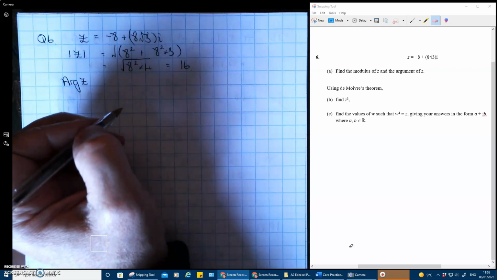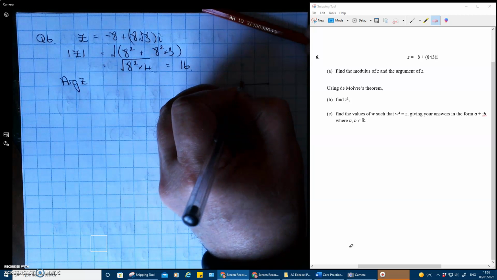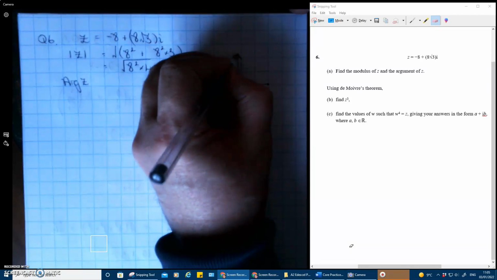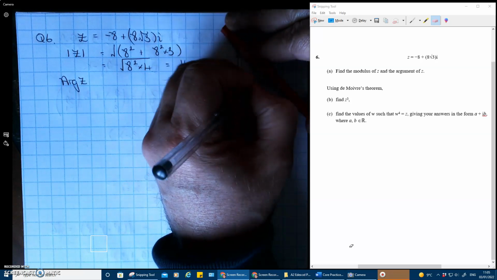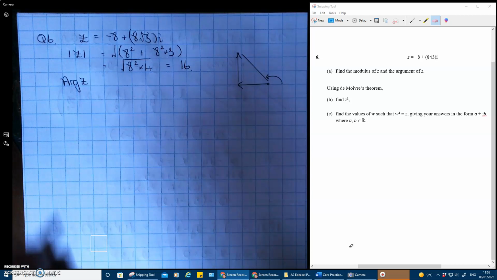I always find a little sketch helps, so I know it's minus 8 and it's plus, so it's up here somewhere, so I know the angle is going to be obtuse.